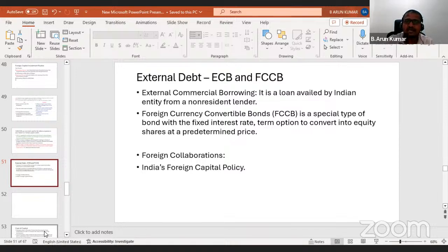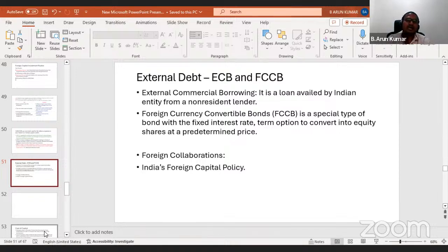Then after that, foreign currency convertible bonds. A foreign currency convertible bond is a special type of bond with a fixed rate of interest and an option to convert into equity shares at a predetermined price.